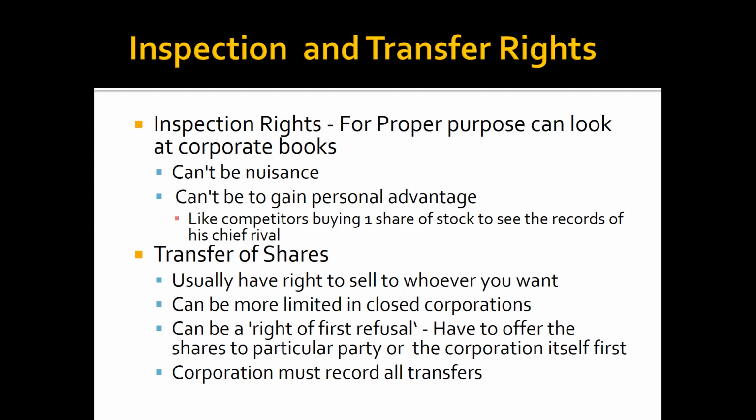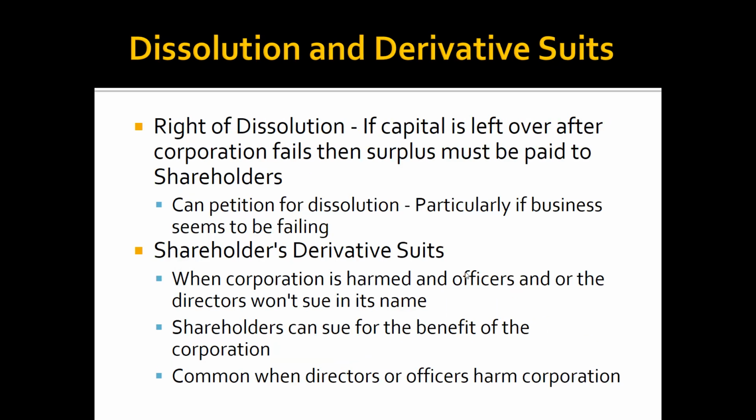So you've got to give me the right to buy those shares back before you sell them to somebody else. The corporation is responsible for recording all the transfers of the company. They're the ones that have to keep track of who owns what, and who has the right to vote.